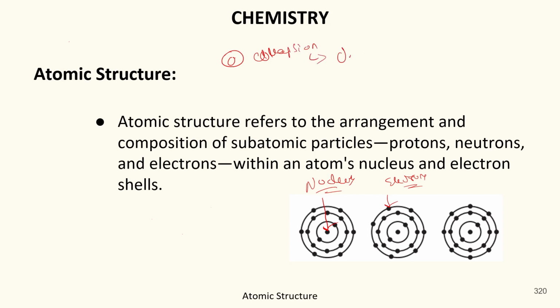He said because they are revolving in a definite path or shells, like these lines. So these lines are basically the shells. So he said because the electrons are revolving in the shell, then it is not possible for them to collapse with the center. So that's how he answered the first question, the question of collapsion.